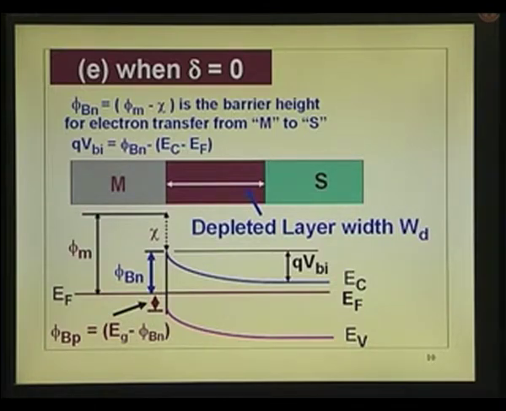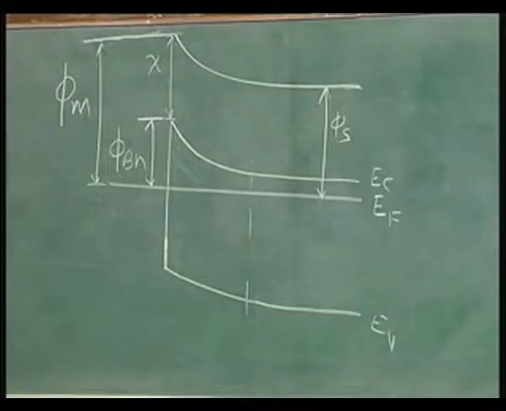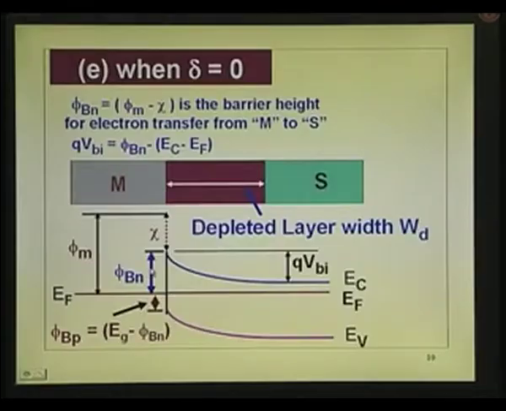Now, this quantity is phi Bn. That is the quantity which we are looking for, because that is actually the barrier for electrons from this side. If there are electrons in the metal, to cross from there to here, it has to go up this barrier. Because if there are electrons here, if there are levels on the right hand side, it can cross.